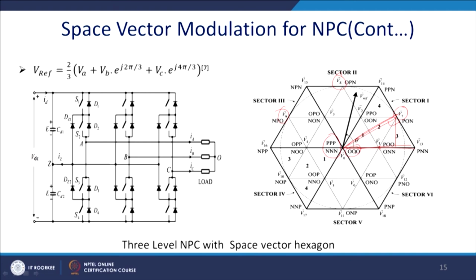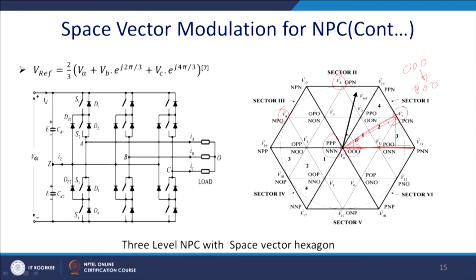If you are at O or 0 0 0, whatever you say, and you want to apply V1, then you have the option to apply POO and ONN. Generally, since it is a 1, if you are at 0 0 0, it makes sense to have a 1 bit change and come to POO.